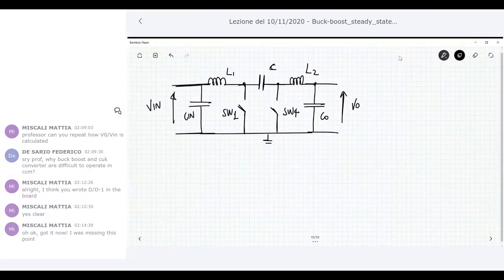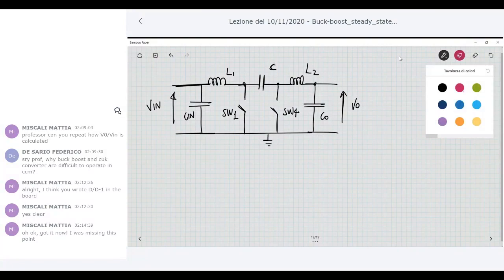So we made a topological change in which now the capacitor C has no fixed terminal connected to the reference.